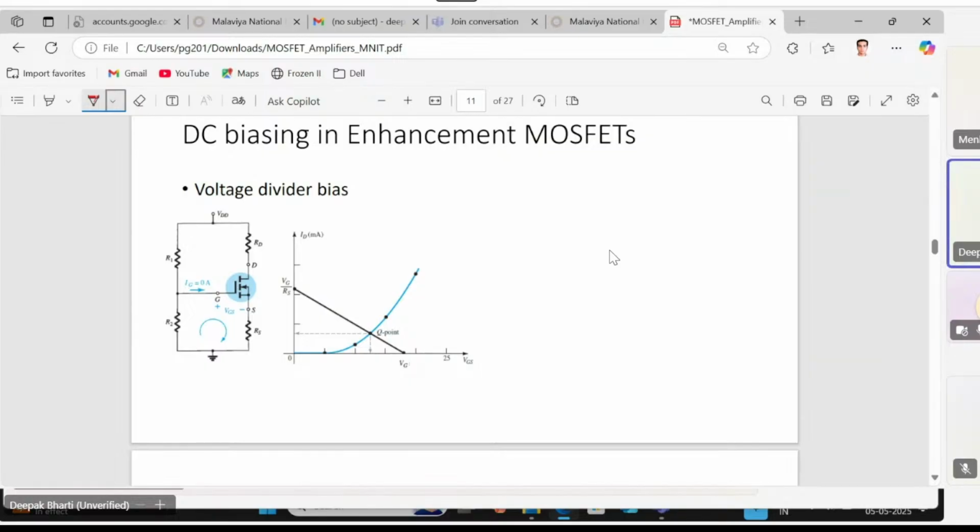So what will be the VGS? VGS will be VG. VG is R2 upon R1 plus R2 into VDD, minus Vs. Now Vs is what? ID Rs.